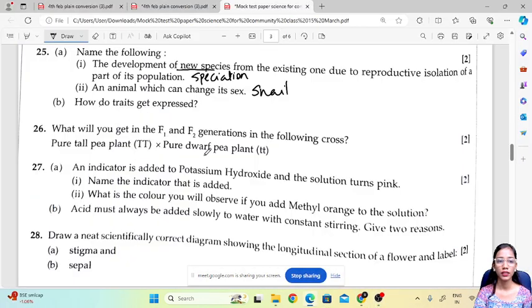Now the next question is question number 26. What will you get in the F1 and the F2 generations in the following cross? Okay, so over here we have to see the F1 and F2 generation using Mendel's cross. The parent generation given over here is pure tall pea plant and pure dwarf pea plant. Okay, so let's do this.